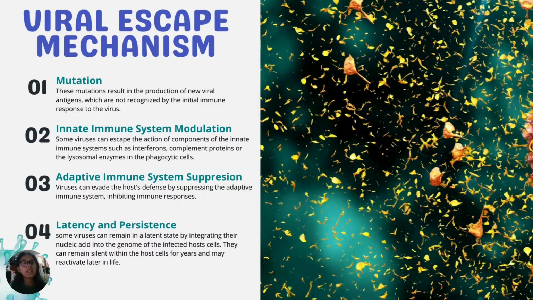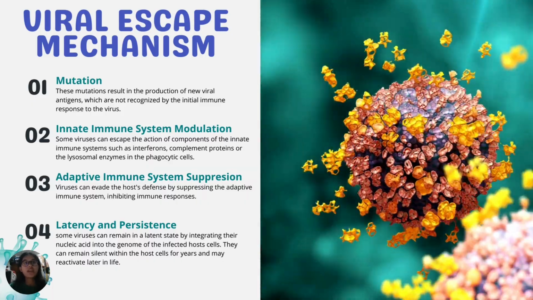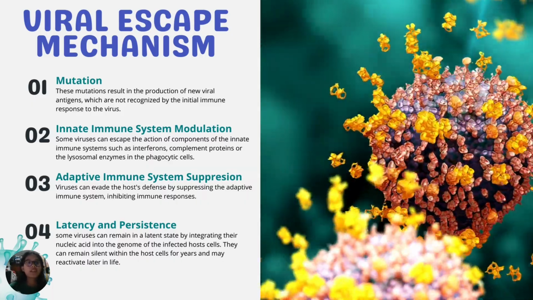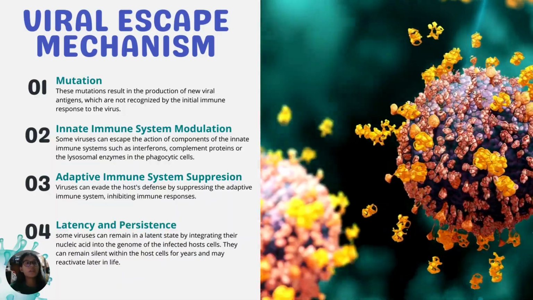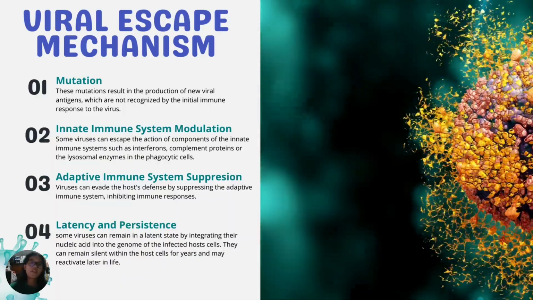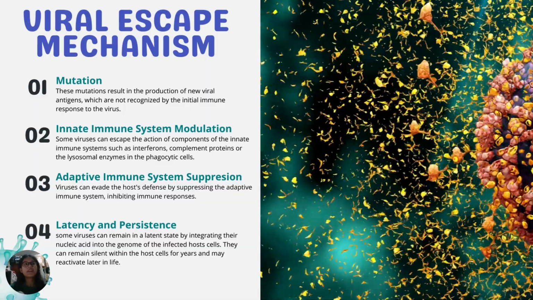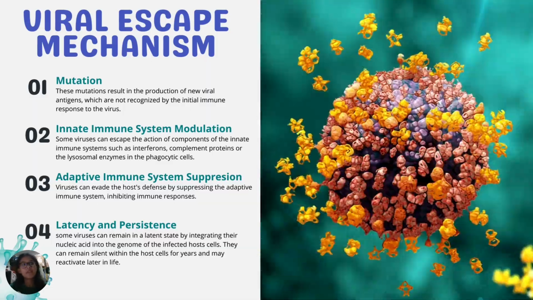So, for the innate immune system modulation, some viruses can escape the action of components of the immune system, such as the interferons, complement proteins, or the lysosomal enzymes in the phagocytic cell.